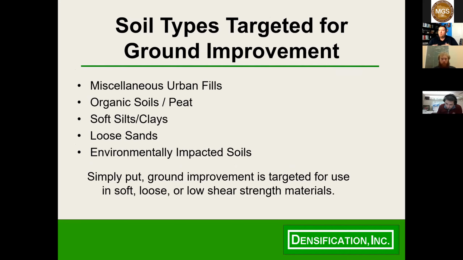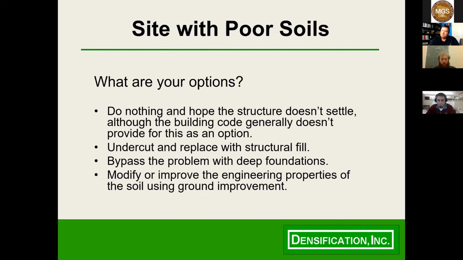All right. So when you're thinking ground improvement in general, basically it's loose, soft, low shear strength types of materials: urban fills, peat, clays, sands, those sorts of materials. So what can you do? Building code generally doesn't allow the option of doing nothing and hoping it doesn't settle. You can take all these unsuitable soils out and replace them with structural fill.